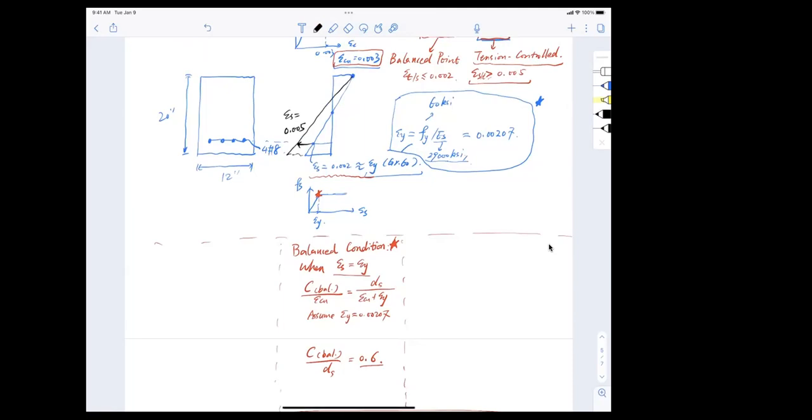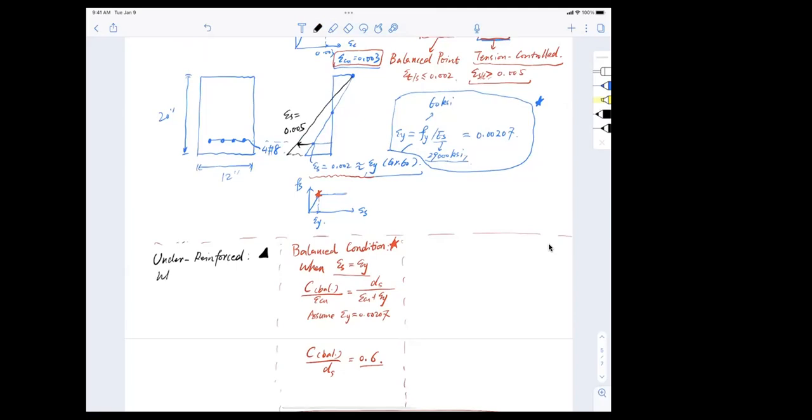Okay, so when that happens, I call this under reinforced. I'm going to use a black triangle to indicate this is under reinforced condition.